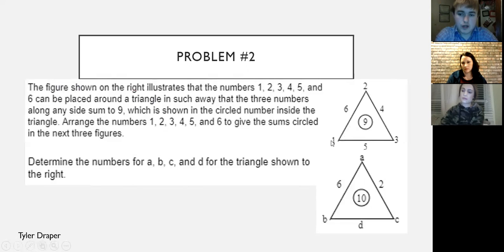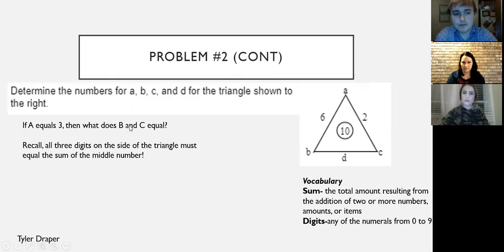For instance, 1 plus 6 plus 2 equals 9, 2 plus 4 plus 3 equals 9, and 3, 5, and 1 all equal 9. So we're going to determine the numbers for A, B, C, and D for the triangle shown to the right.